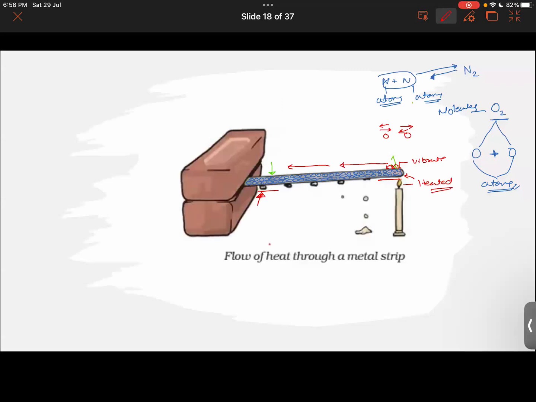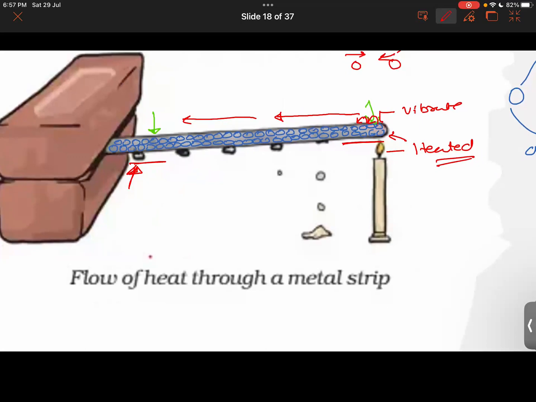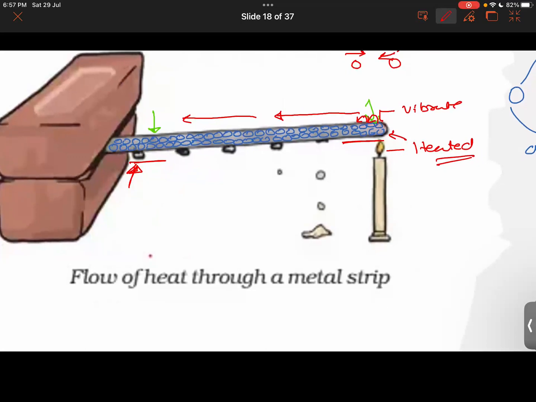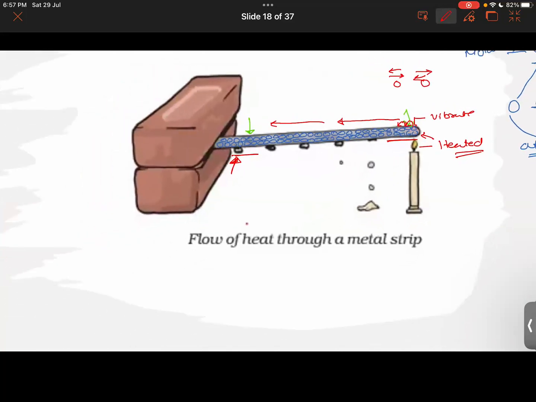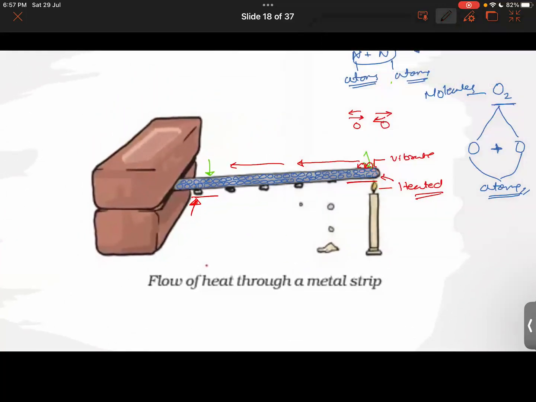So here you were seeing that this flame was in contact with this metal strip, right? And let's say you were to bring another metal strip and attach it to this portion. When this portion became hot, now what will happen?